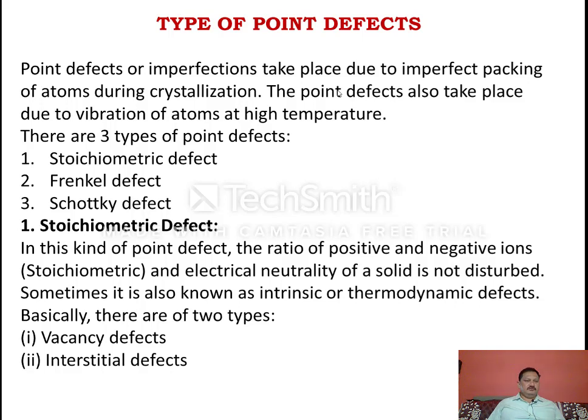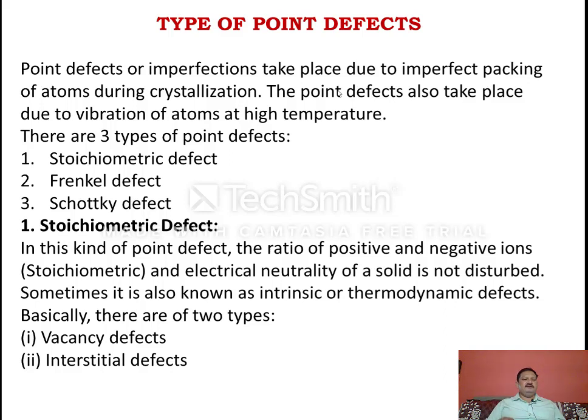One is a stoichiometric defect, the second one a Frenkel defect, and the third one Schottky defect. In this kind of stoichiometric defect, the ratio of positive and negative ions is stoichiometric, and electrical neutrality of the solid is not disturbed. Sometimes it is also known as the intrinsic or thermodynamic defect.